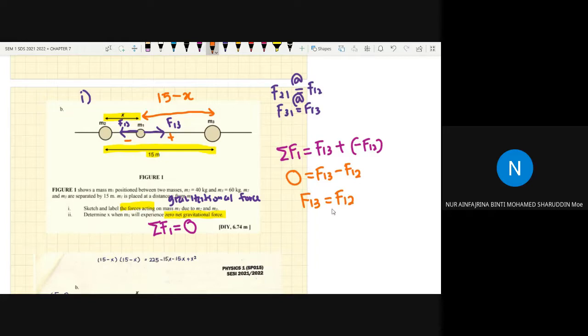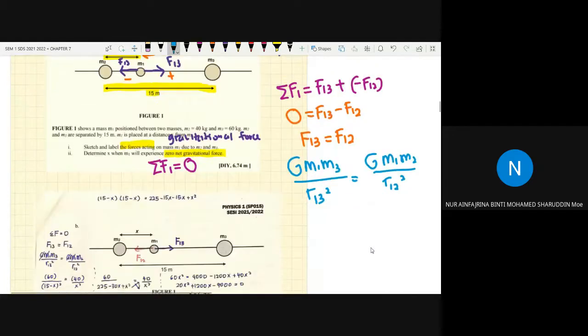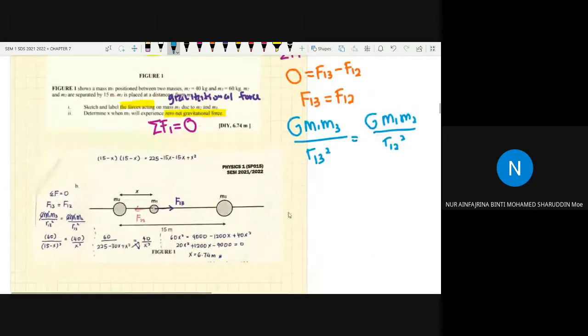So this is gravitational force. Then kita boleh masukkan je lah formula gravitational force. G m1 M3 over distance from 1 to 3 squared equals to G m1 M2 over distance from 1 to 2 power of 2.